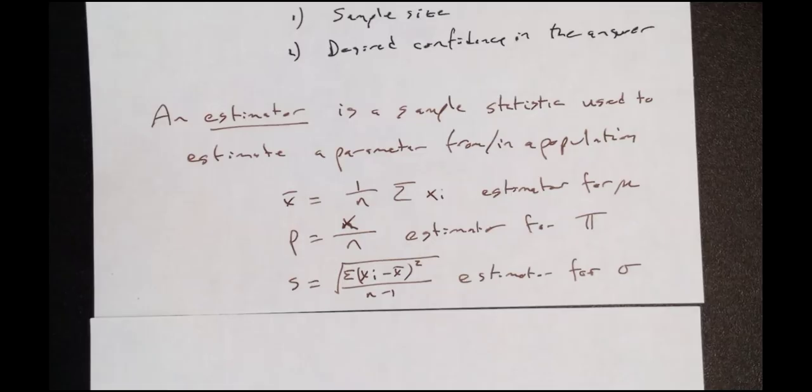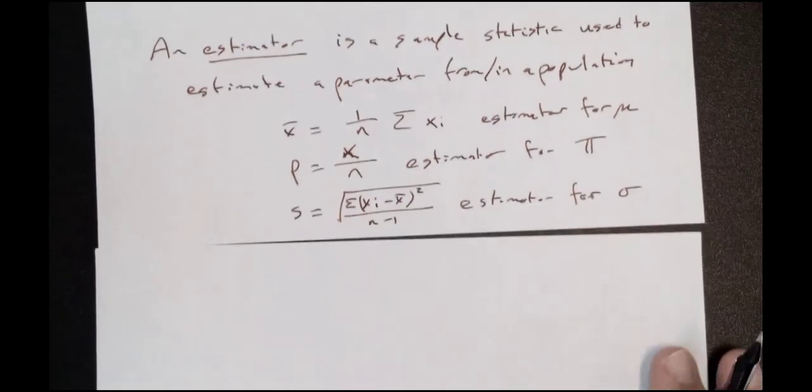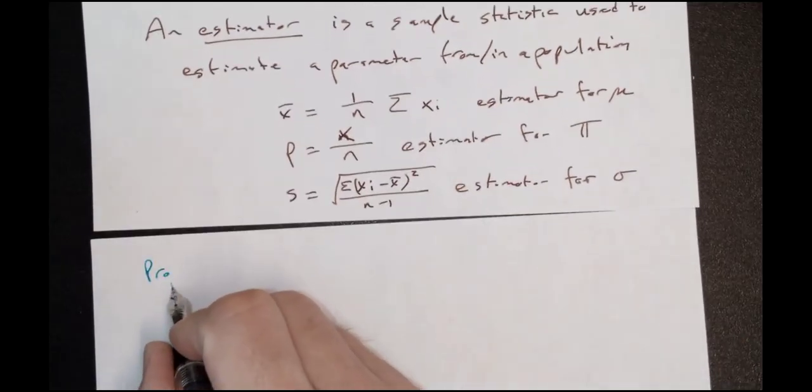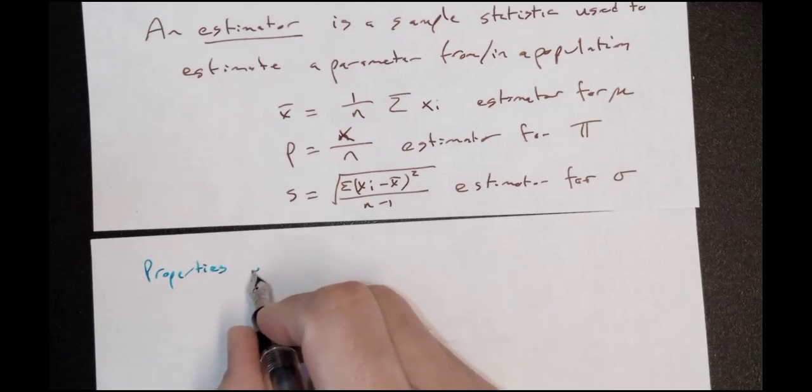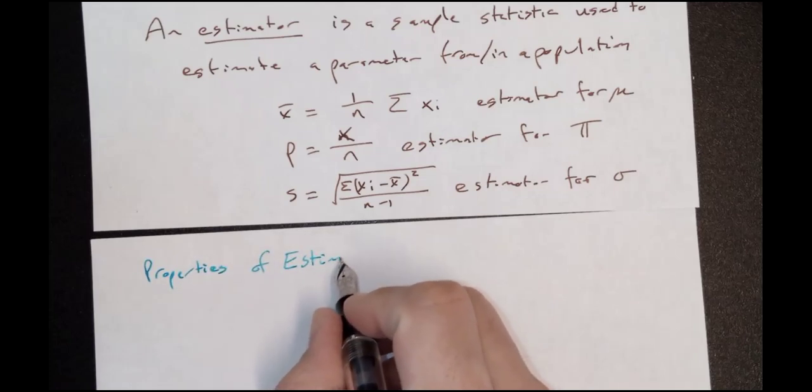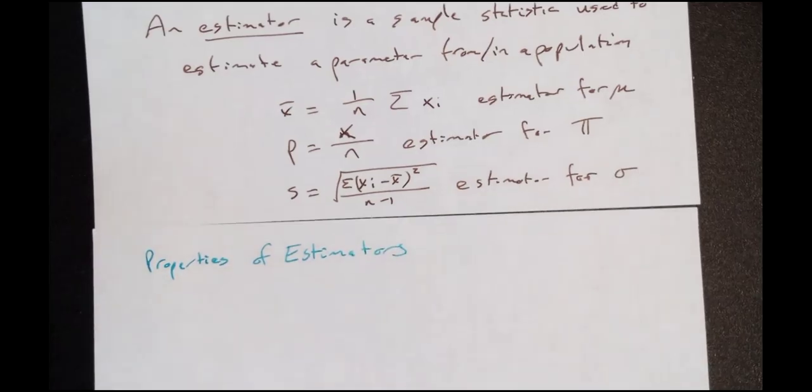There are some things I would like to know about the calculation I do to create an estimator. I'd like my estimators to have some nice properties. So, again, I'll pull a population idea out of thin air.